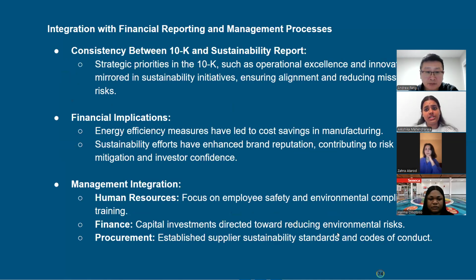How does sustainability connect to financial outcomes? Investment in energy efficiency leads to significant cost savings. Moreover, sustainable practices enhance brand reputation and mitigate risk, fostering long-term revenue growth and boosting investor confidence.